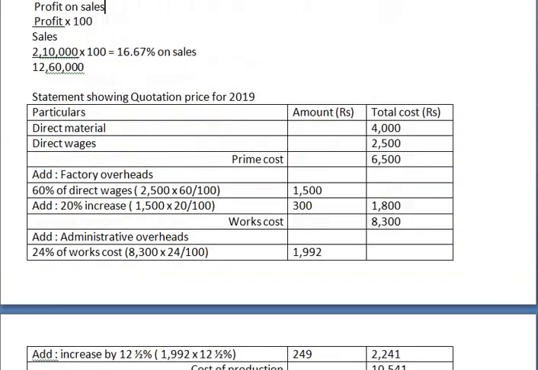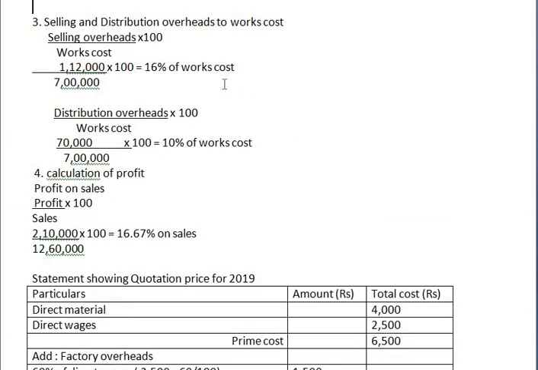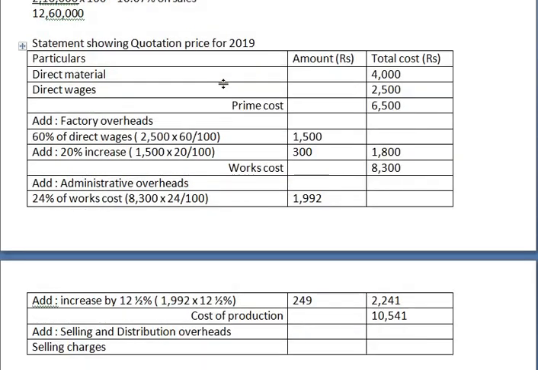Okay, now selling charges, what percentage here they have given? It is on again works cost 16%. Okay, in bracket, works cost is 8,300 into 16%. Calculate. You will get 1,328.